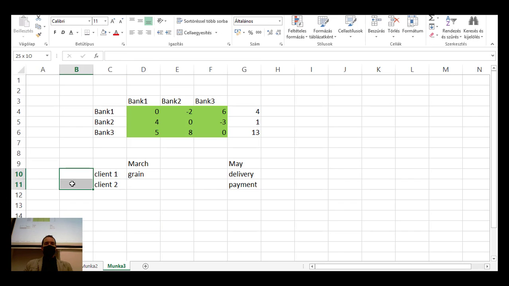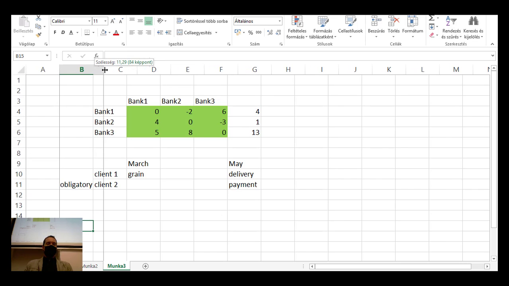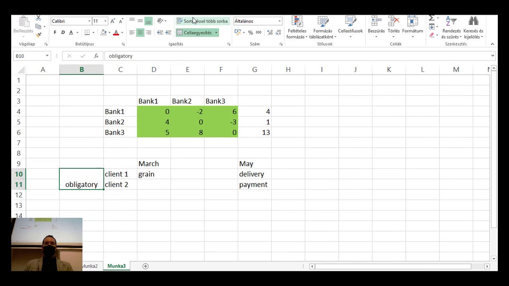This is an obligatory futures contract. So you have to deliver, no matter what, otherwise you declare bankruptcy and you will be unhappy.